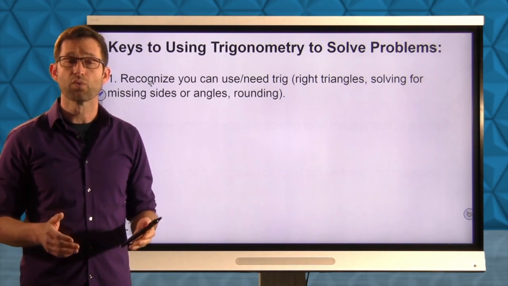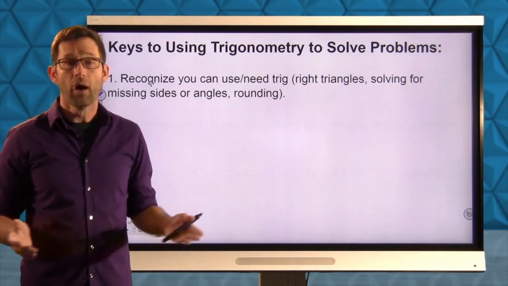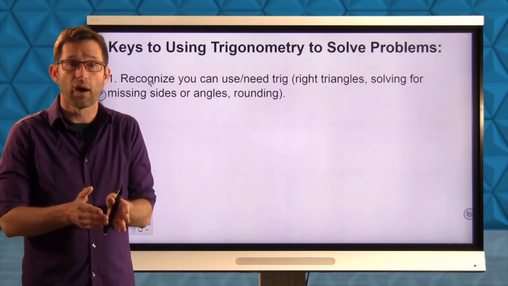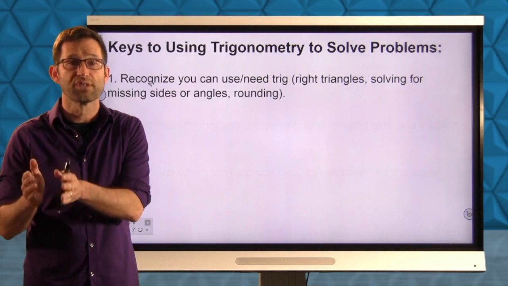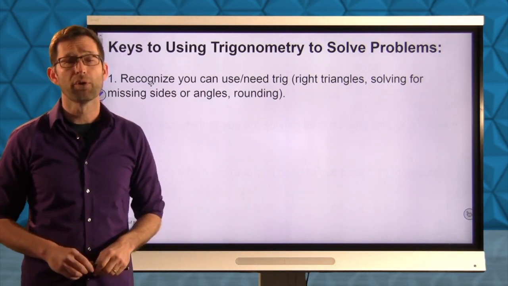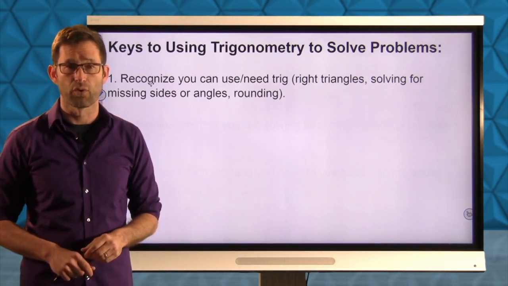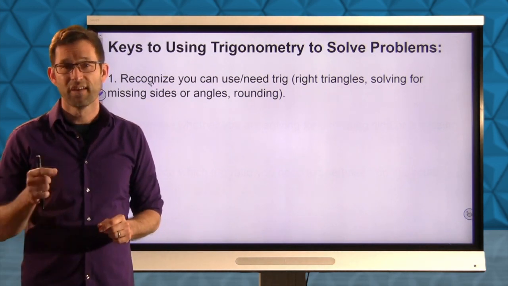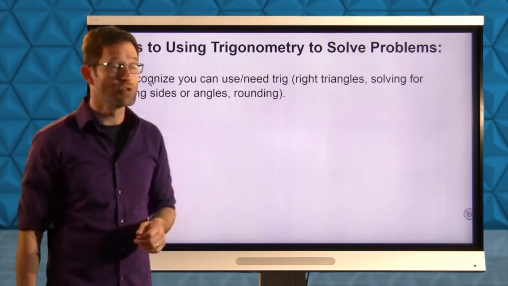Sometimes students, when they see a right triangle problem, will think, oh, I've got to use the Pythagorean theorem. And that works great when you have two known sides and you're solving for the third side. But the Pythagorean theorem won't help you at all if you're trying to solve for the angles of a right triangle. Still, the first step in using trig to solve problems is knowing that you can and that you should.